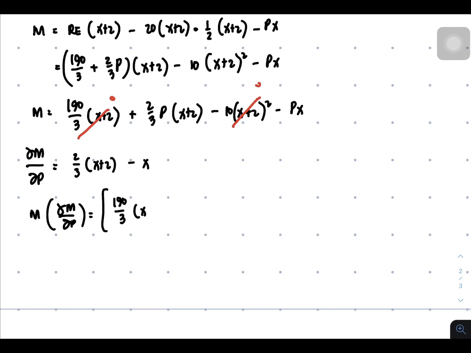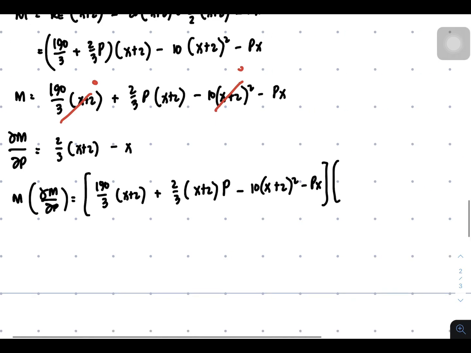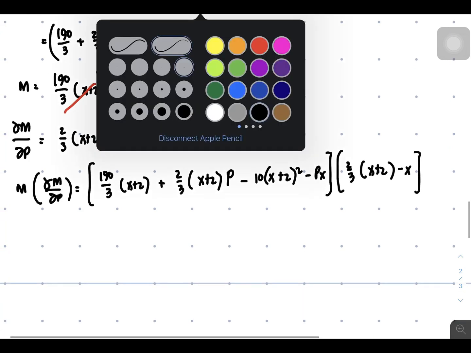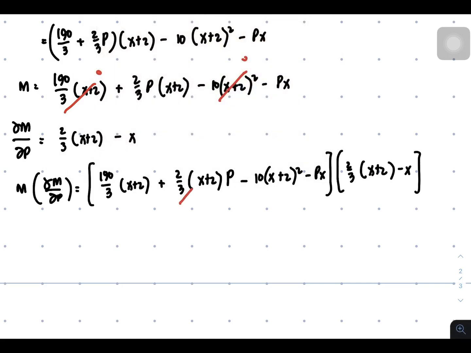190 over 3 x plus 2 plus 2/3, ako lang i-rearrange, x plus 2 times p minus 10 x plus 2 square minus px, and you pair it with the partial derivative. It's 2/3 of x plus 2 minus x, and set permanently to 0 the term with p.